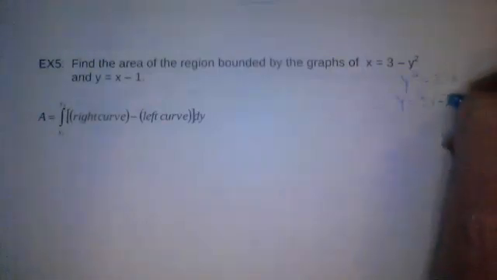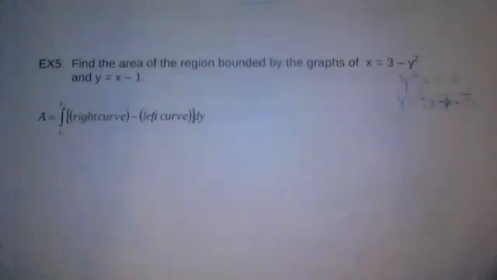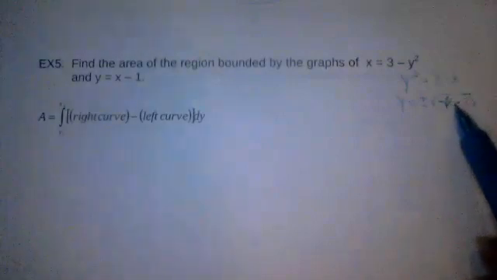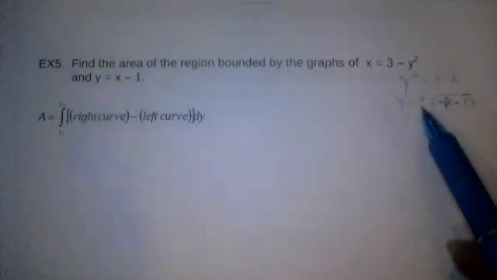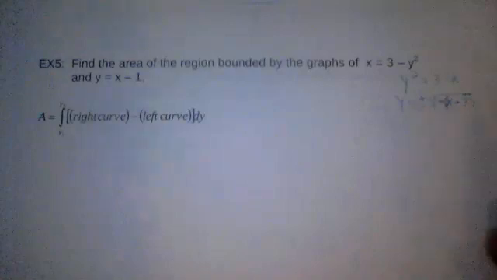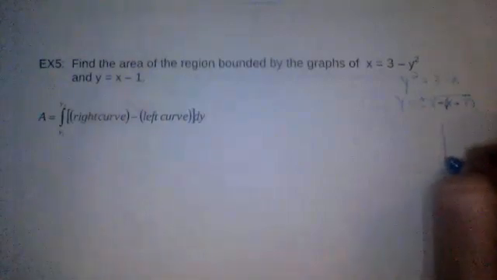So negative (x minus 3) in parentheses. Now the reason I'm doing that is because there's a couple of things going on here. The negative inside is going to reflect across the y-axis, and then the negative on the outside is going to reflect across the x-axis, and so we end up with this.